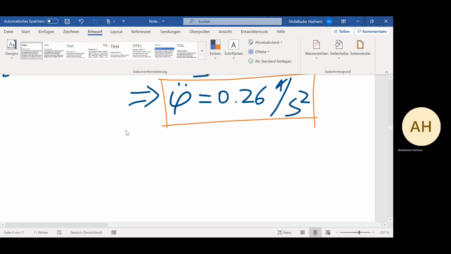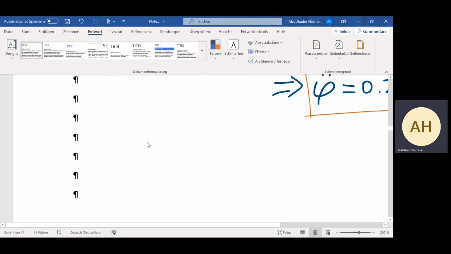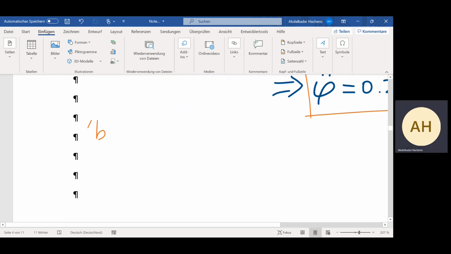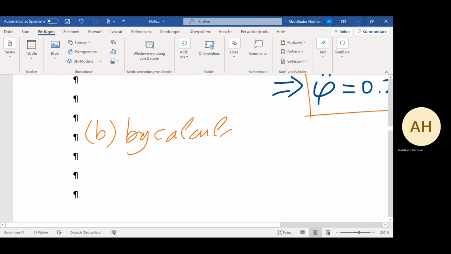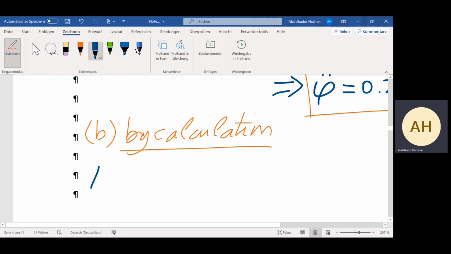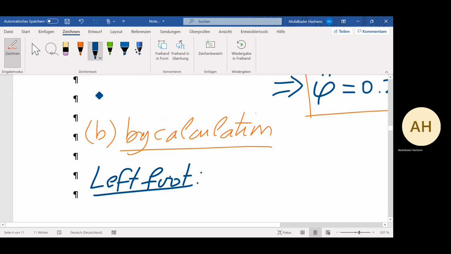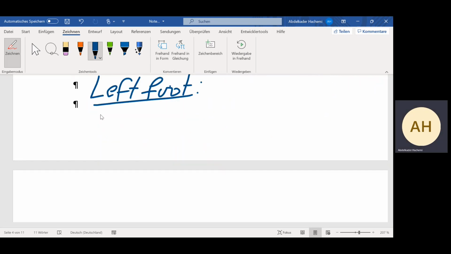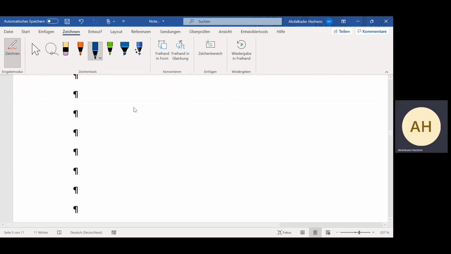Now, if we come to the calculation, as for the velocity, we take the left foot. We have EB as a vector.